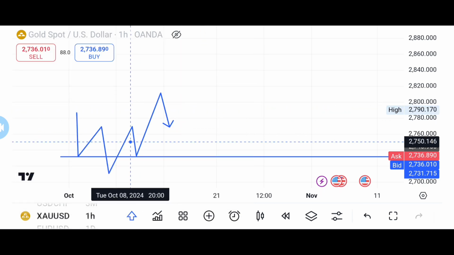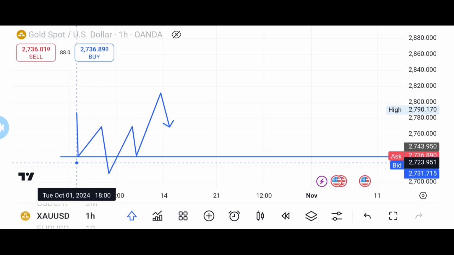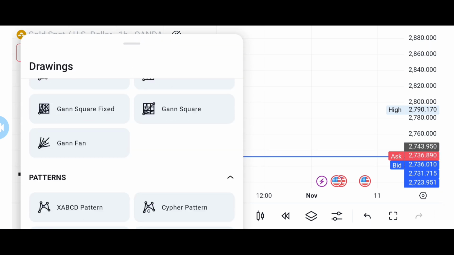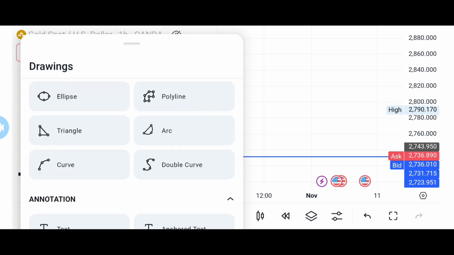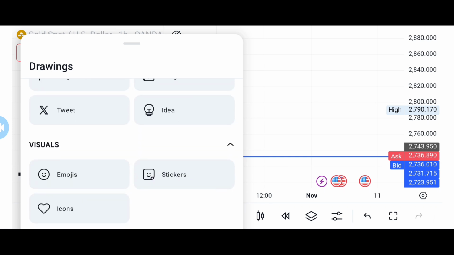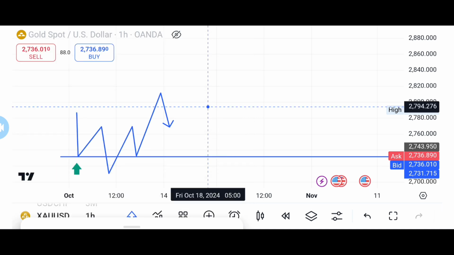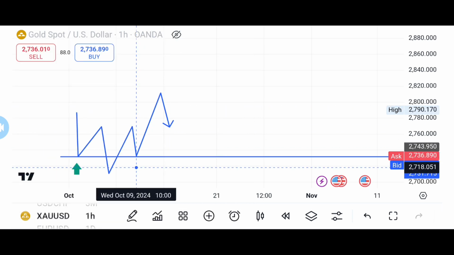So these are the shoulders. That is the right shoulder. The left shoulder. Let me show you the left shoulder, guys. So this is the left shoulder.